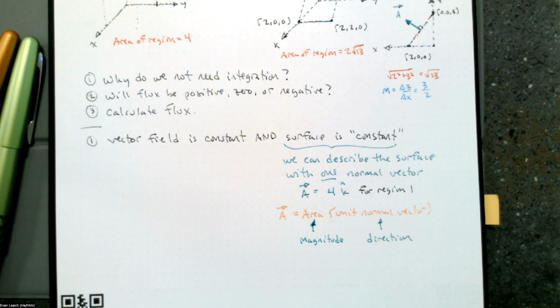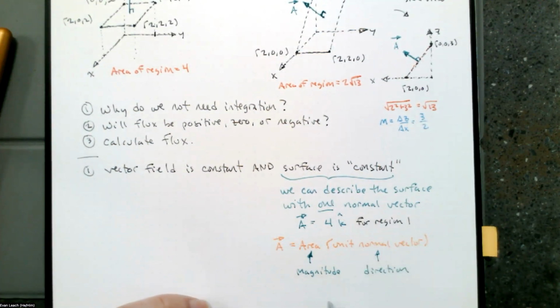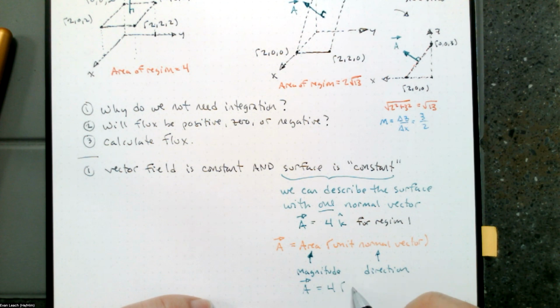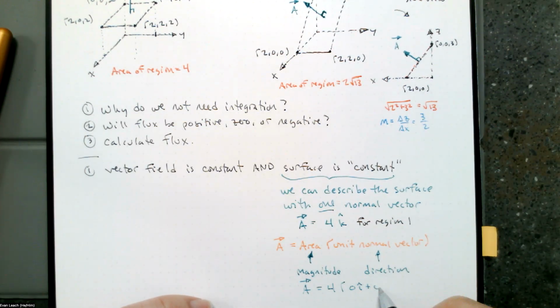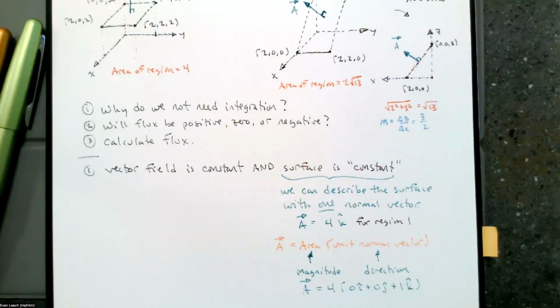So for region 1, the area vector will be 4k. 4 is the area of the region. k is a unit vector normal to the region. So I'm taking the area and multiplying it by 0i plus 0j plus 1k, which is a unit vector.